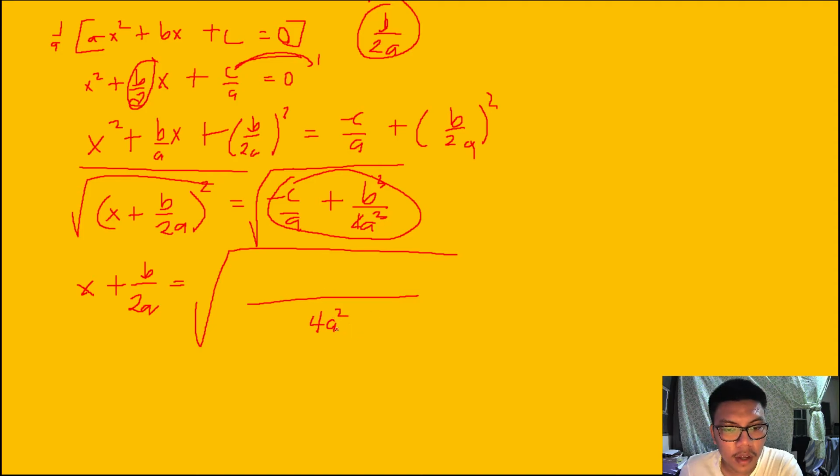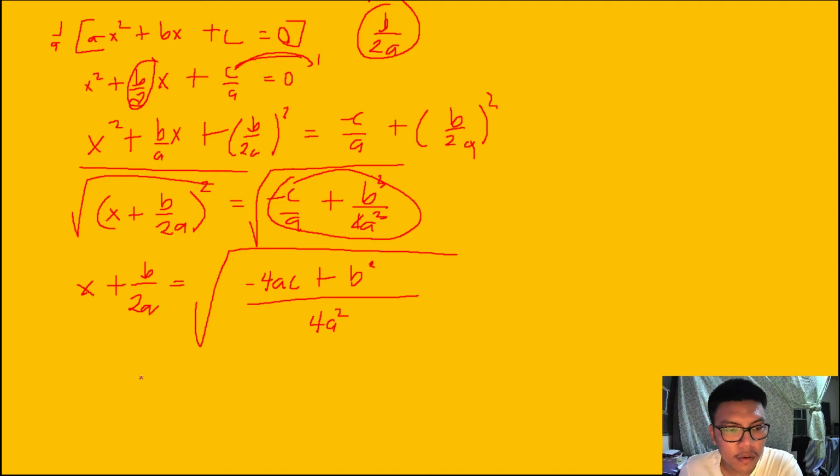Diba? Then we divide 4a squared by a. So 4a squared divided by a, that is equal to 4a. Then times negative c, that is negative 4ac. Plus 4a squared divided by 4a squared, that is 1. Then we multiply to b squared, that is equal to b squared. Okay?